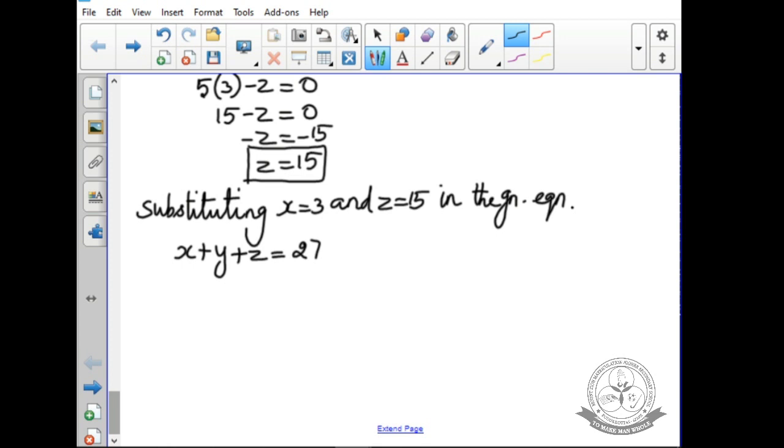The x value is 3. So 3 plus y plus 15 is equal to 27. So y plus 18 equal to 27. Y equal to 27 minus 18. Y equal to 9.